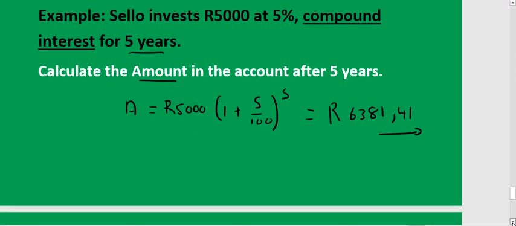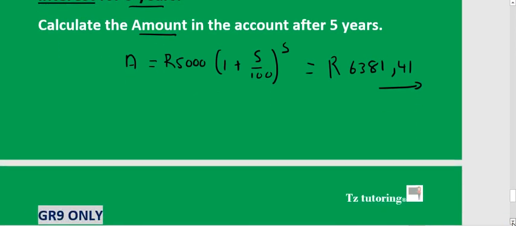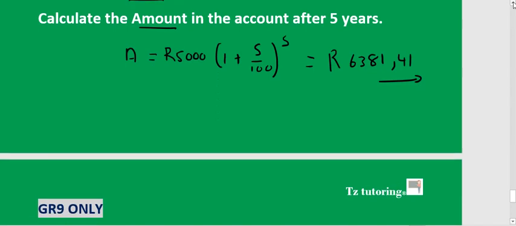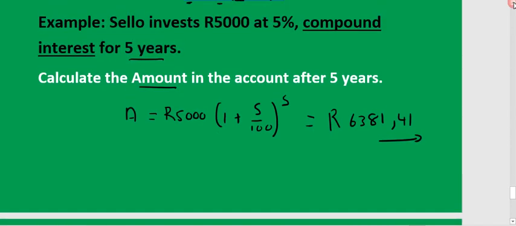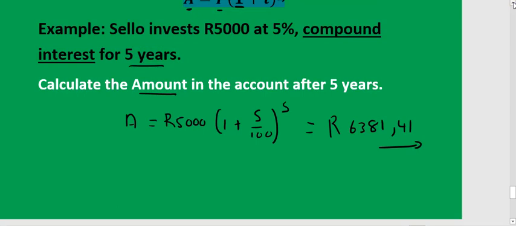And if there was a follow-up question which asked you how much interest Silo has received, then you would say Silo had 5,000, but now he has 6,381.41. So if in the exam they asked you to calculate the interest, you would take however much he has at the end of the 5 years, and you minus what he had at the beginning, which was 5,000.